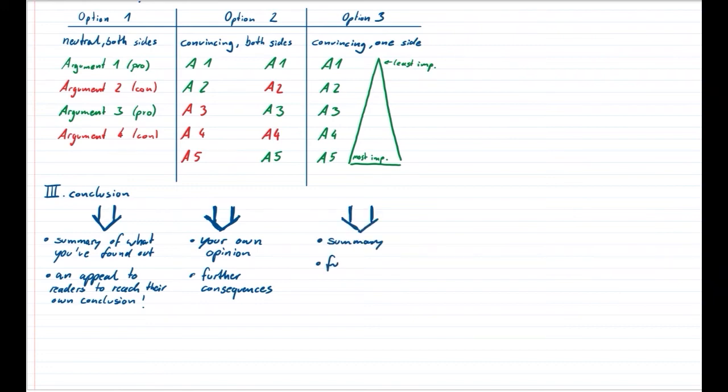If you chose option 3, you only showed one side, then you can give a summary, you can show further consequences, and also maybe give possible solutions. Of course, you're more convincing when you already have a solution for the points that you've mentioned. No matter which type of essay you choose, before you start, you need to become an expert on the topic.